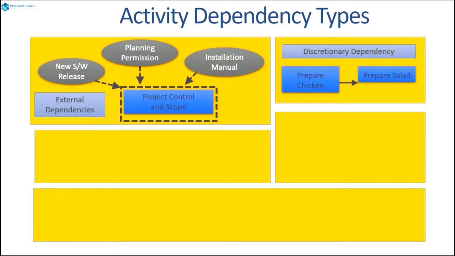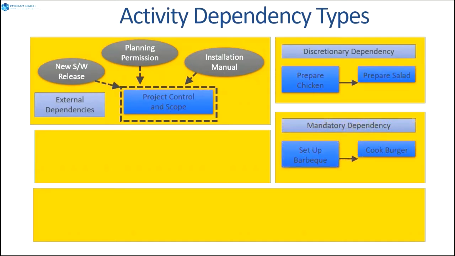This is informal. You want to make the chicken first, you can make the chicken first. You want to do the salad first, you can do the salad first. It can be done in either order. Now, mandatory dependencies, on the other hand, have to be done in a certain sequence to be successful.